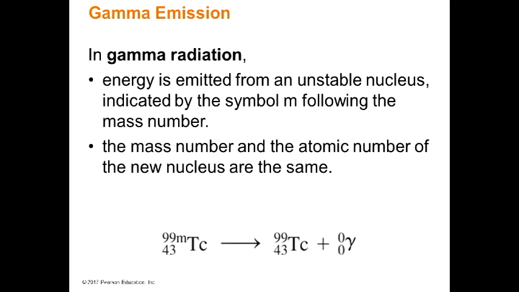The mass number and the atomic number of the new nuclei are the same. Notice here, when it's a gamma, this is as if the element has been frustrated. Okay, it's the same element.